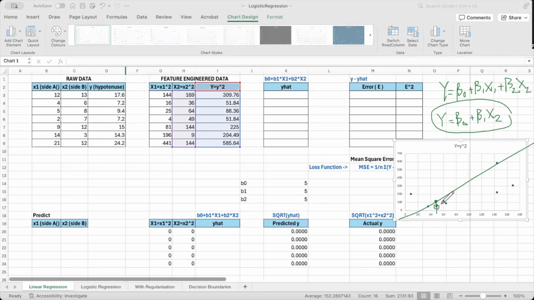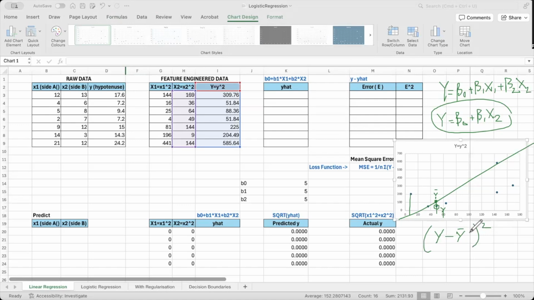So supposing we call this Y hat, and we know that this is Y. So what we want to do is find Y minus Y hat. Now you notice that Y minus Y hat sometimes is negative and sometimes it is positive. Since we have negative and positive values and they may cancel each other, we will take the square of this so that it is always positive.